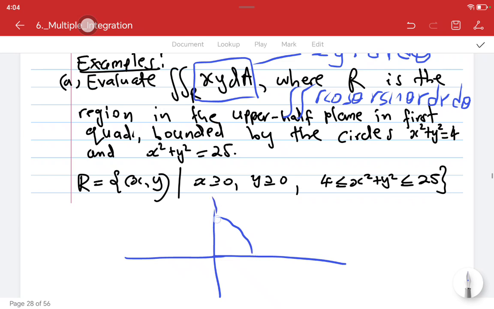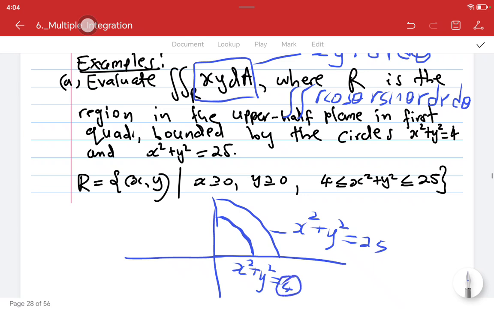We're given two graphs to be like this, which this is the inside one. The small one will be x squared plus y squared equals 4. The bigger one will be x squared plus y squared equals 25. So the lower one is the one with 4, the upper one is the one with 25. So we know that x squared plus y squared will be between 4 and 25.